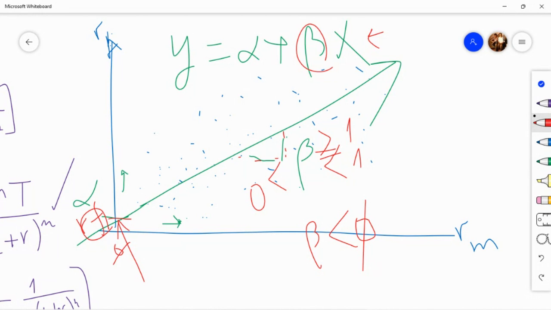Think about it. This point is zero, right? This is the origin. This point is zero for both market return and for stock return.